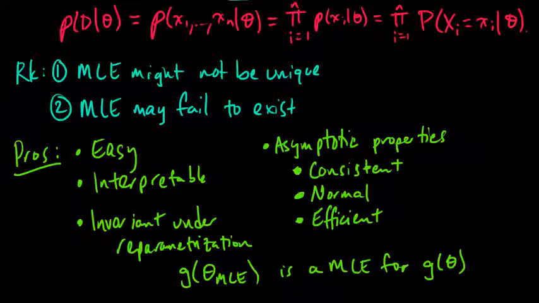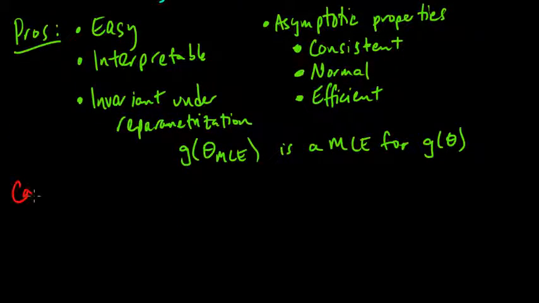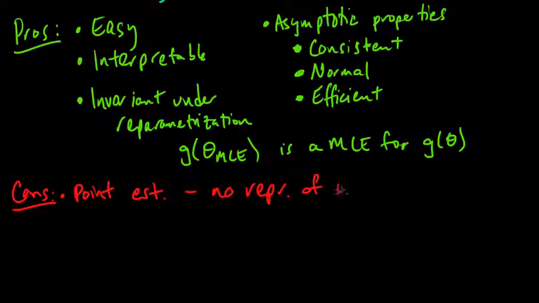Now I'd like to mention a few cons. So first, the MLE is a point estimate, so it has no representation of our uncertainty.